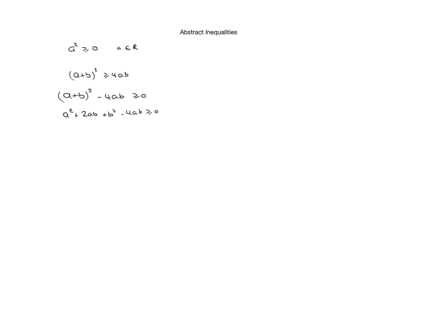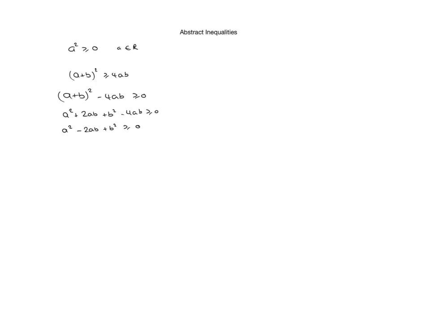We can simplify that because 2ab minus 4ab is minus 2ab, so we've got a squared minus 2ab plus b squared is greater than or equal to 0.